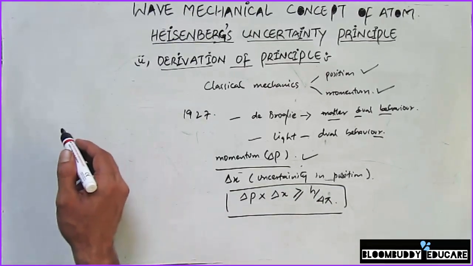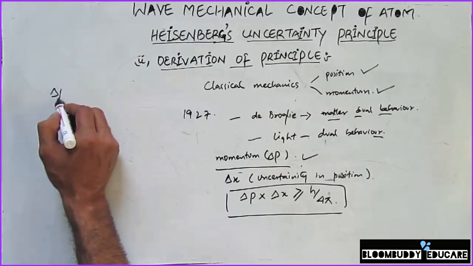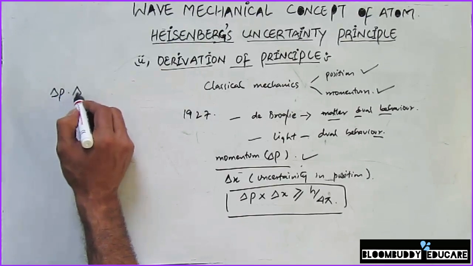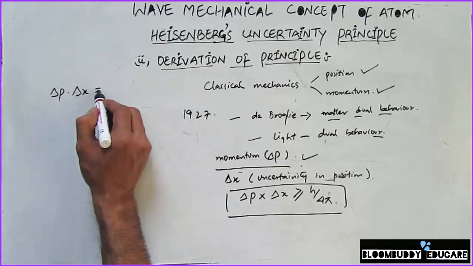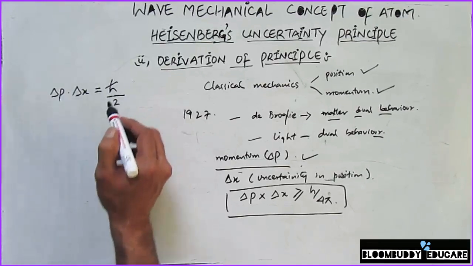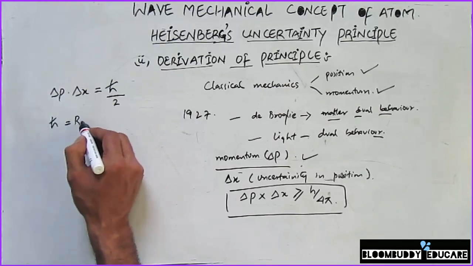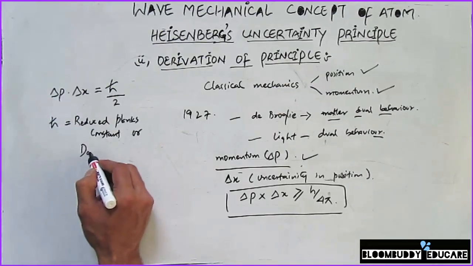In real terms, how he arrived at this conclusion was that the product of the uncertainty in position and momentum is always equal to h cross by 2, where h cross is called the reduced Planck's constant or Dirac's constant.